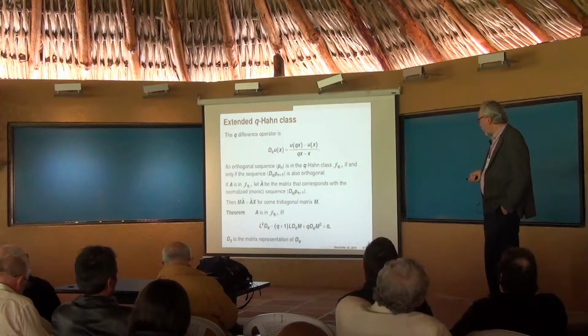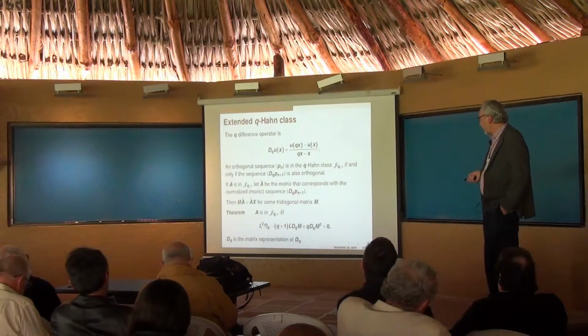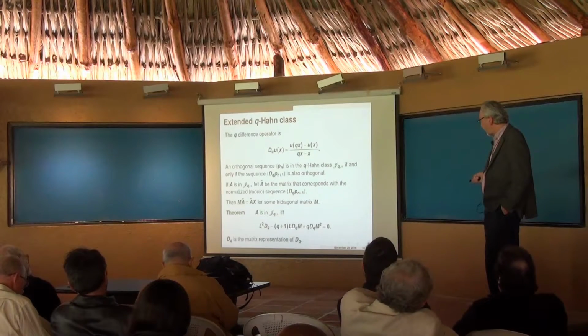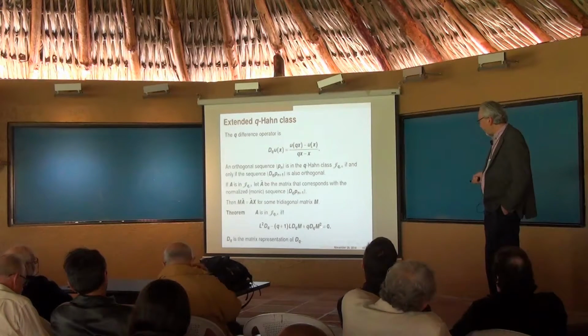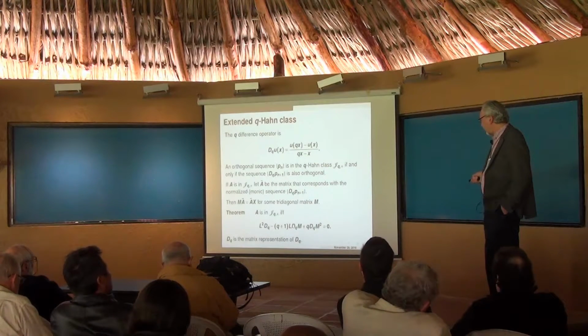If they are both orthogonal polynomial sequences, the sequence and the sequence of differences, then they must satisfy this equation. The Jacobi matrices must satisfy this quadratic equation in L and M, and it involves also the matrix of the Q operator.